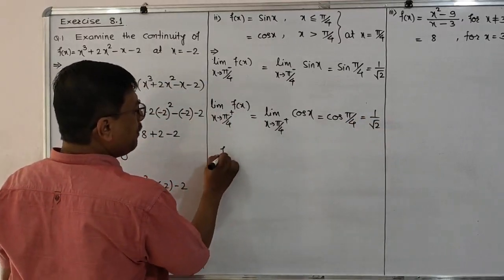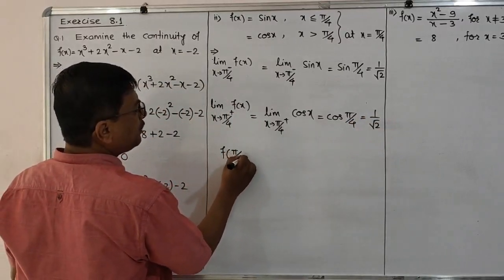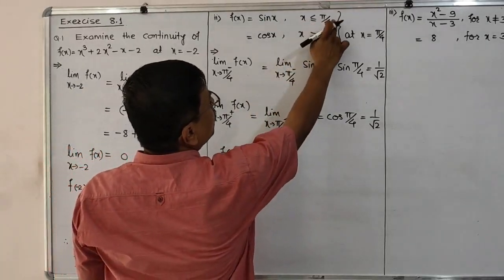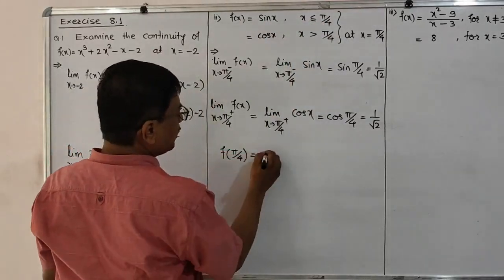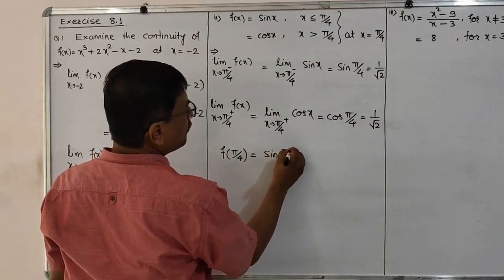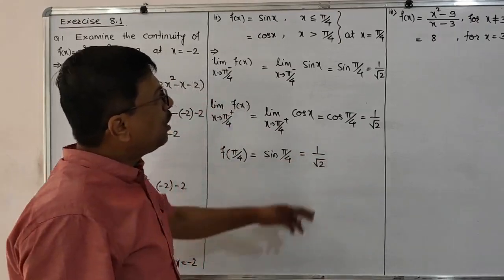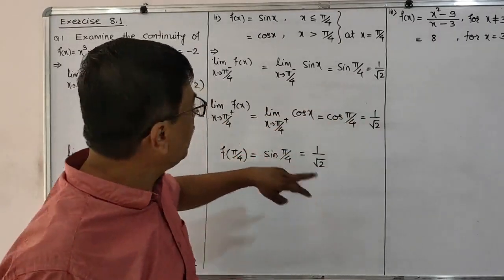And f of pi by 4 means the value of the function at x is equal to pi by 4. For pi by 4 the function is sin x, so this becomes sin pi by 4 and we know that sin pi by 4 is 1 by root 2. Observe these three values carefully.